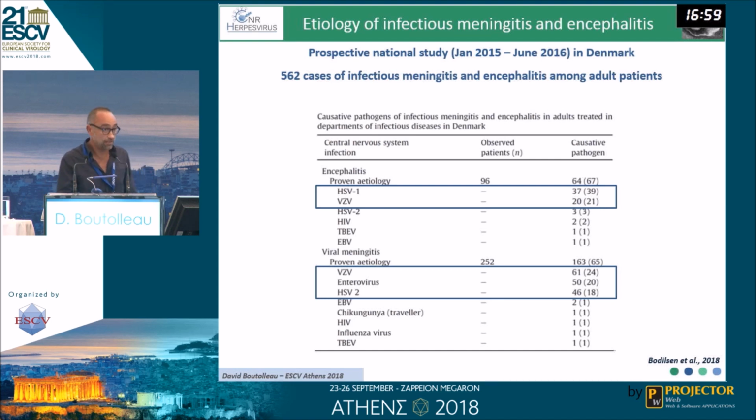As you can see, and as has been previously said, the two main responsible agents for encephalitis were HSV1 and VZV, and regarding viral meningitis, the first ones were VZV, and then enterovirus and Herpes Simplex type 2. But of course, you have to keep in mind that arboviruses may be responsible for these syndromes, especially for patients who travel, as presented this morning by Professor Anna Papa.